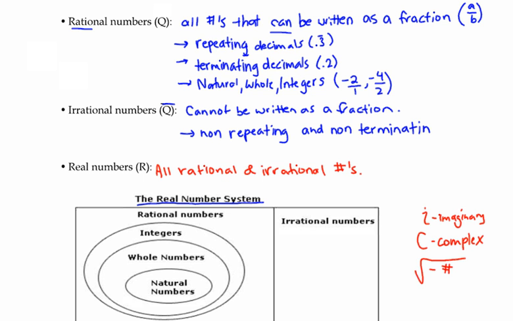Like pi. Pi is a great example. Non-repeating and non-terminating. It doesn't end and it doesn't repeat. Doesn't matter if there's a pattern. A pattern is not the same thing as a repeat.